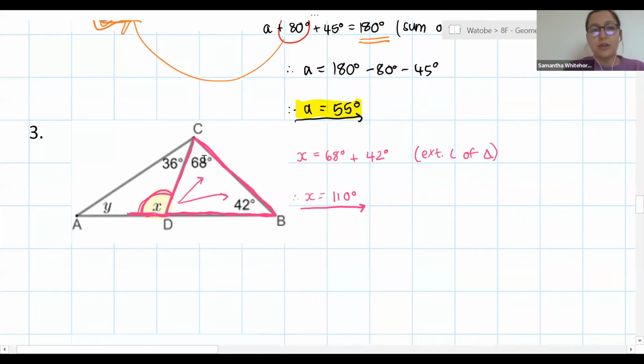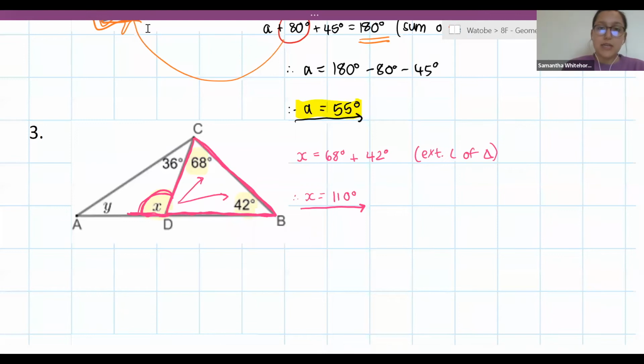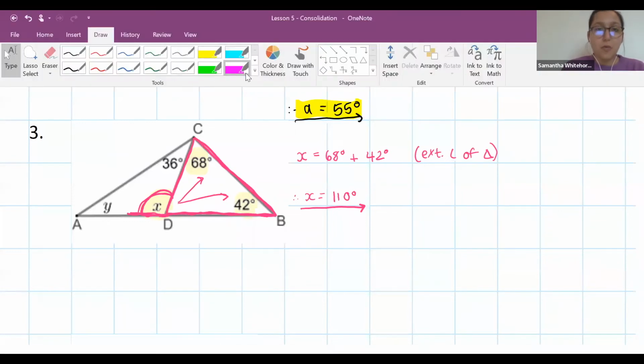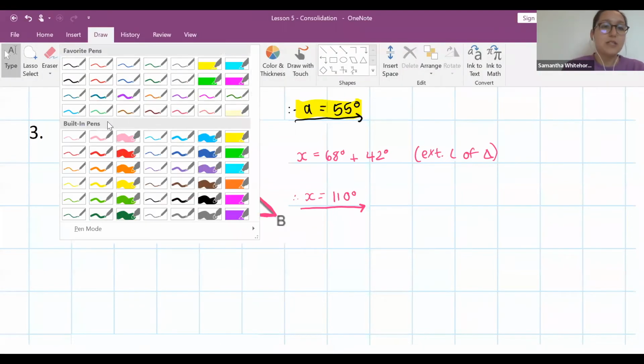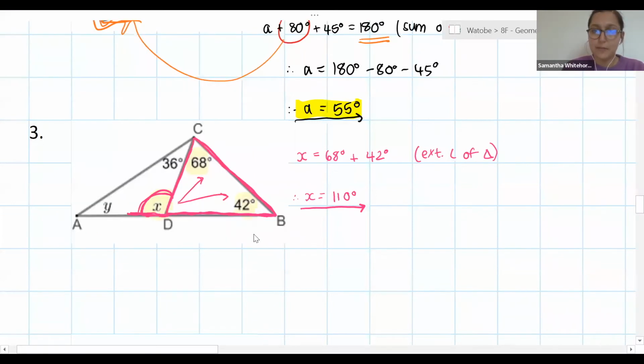So I know that if I add the two opposite interior angles, then I will get angle X. Alrighty, so that's how we get X. It's not the only way to get X, but it's one of the ways to get X. And I think it's probably the most straightforward way to get X. However, if you did it differently, that is absolutely fine.